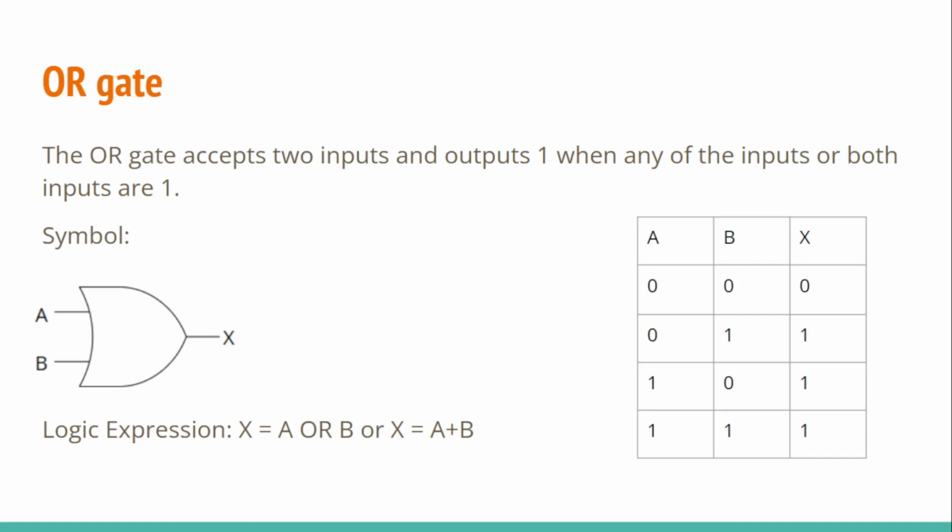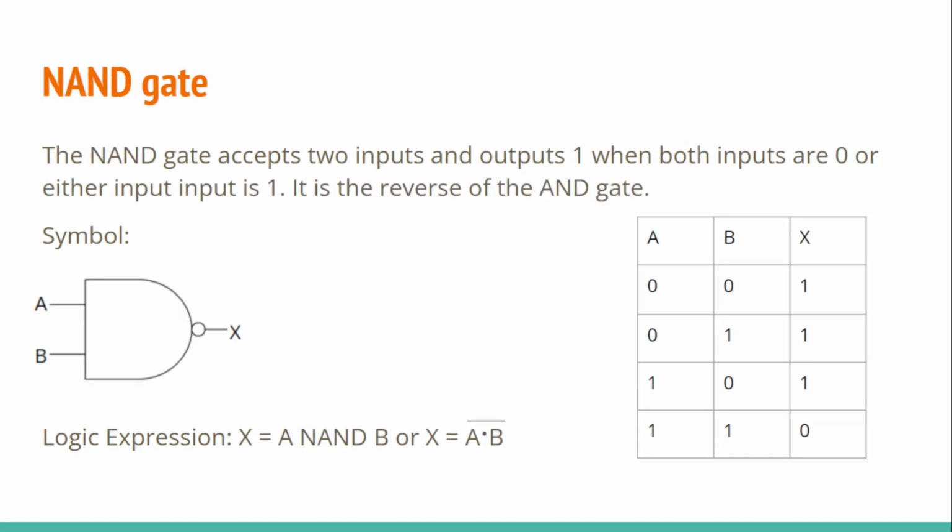The A column has 0 0 1 1 and the B column has 0 1 0 1. The output is only 0 when both inputs are 0. Otherwise, the rest are 1.